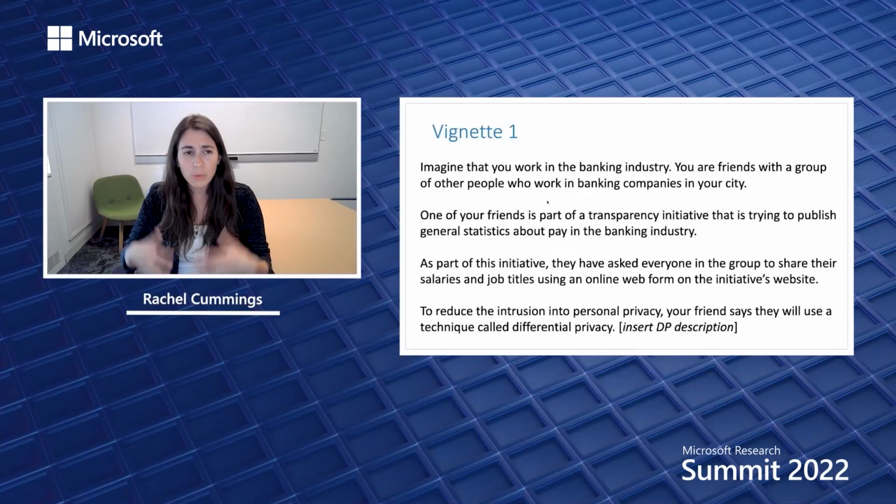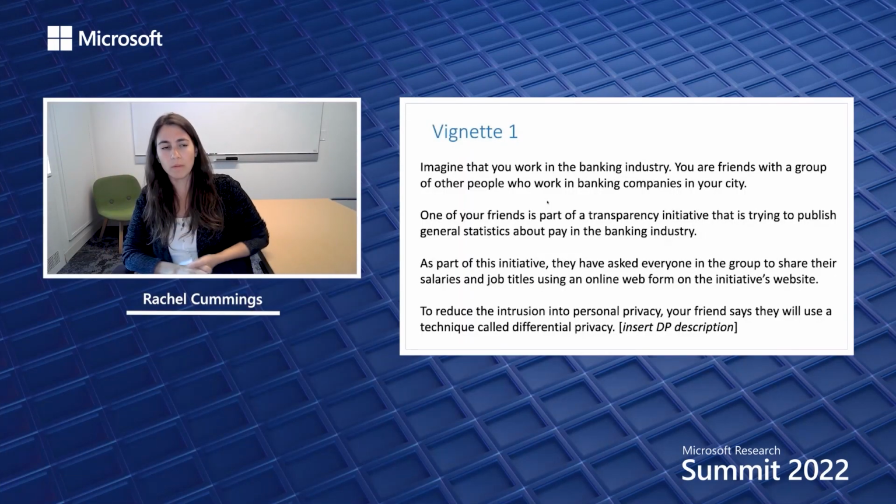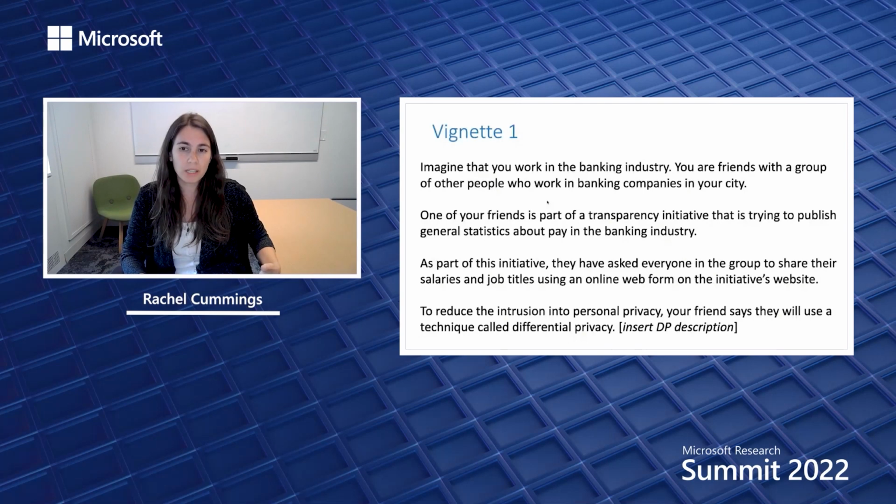And so for each of these, we built a single sentence that captured what we saw happening in practice, and we then used that in a series of research vignettes. And so our first vignette, I'll give an overview. Imagine that you work in the banking industry and you're friends with a group of other people who are working in banking companies in your city.